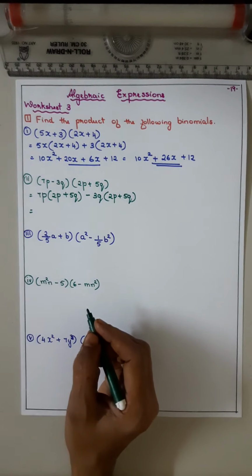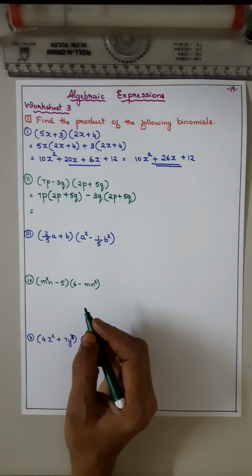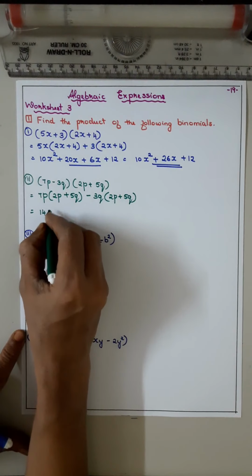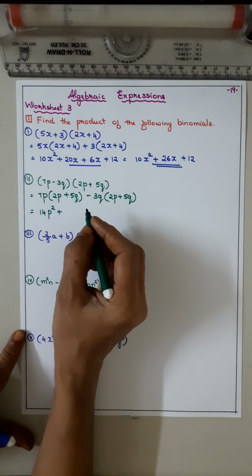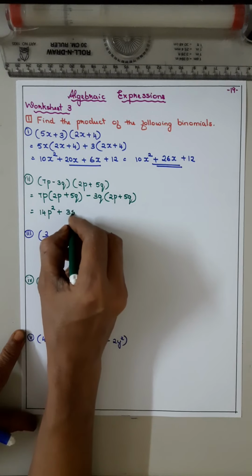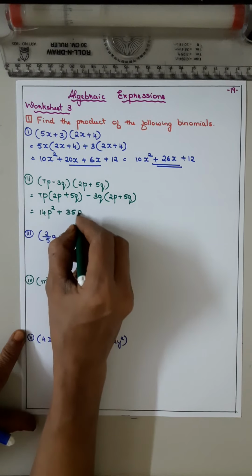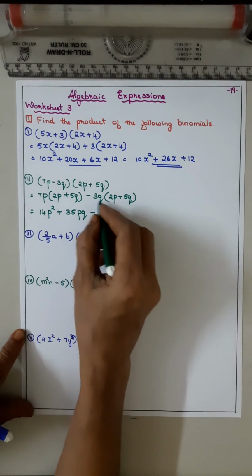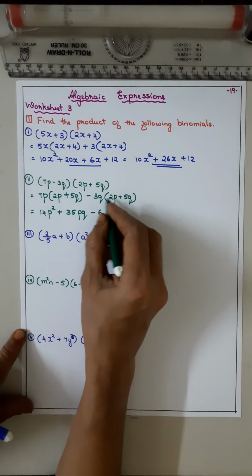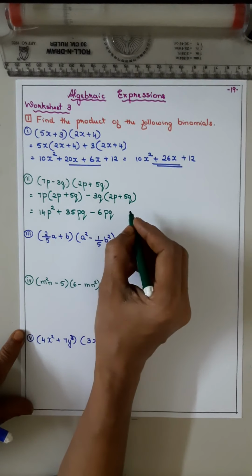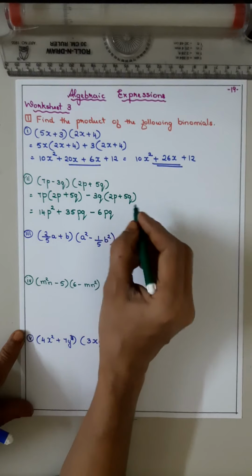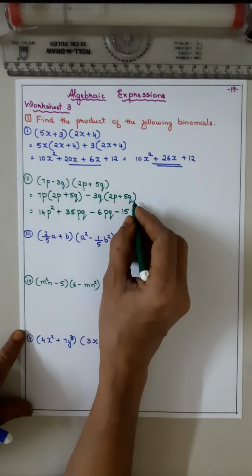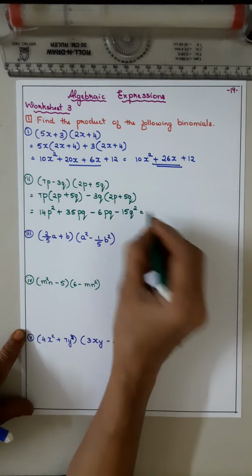Okay, now 7 2s are 14, then p times p is p squared, plus 7 5s are 35 pq, minus plus minus 3 2s are 6, p and q, that is pq. Now minus plus minus 3 5s are 15, q times q, that is q squared.